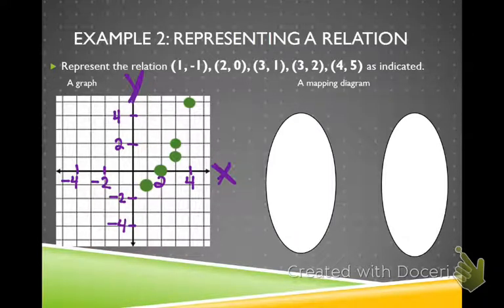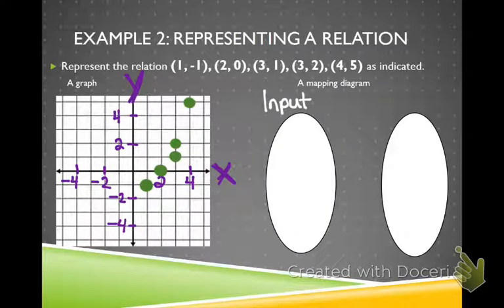And you have 3 problems like this on your homework tonight, where you need to do a graph of the relation, and then you're going to do a mapping diagram of the same relation. So in a mapping diagram, you have 2, we'll call them long ovals. The first long oval is your input.